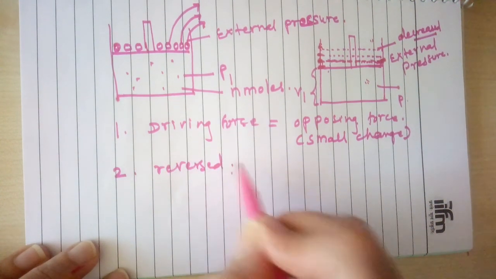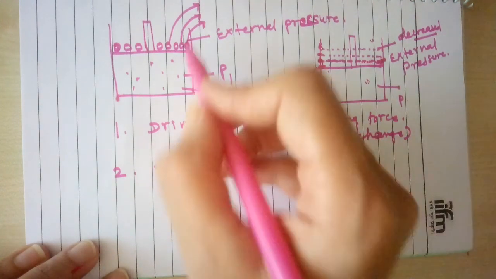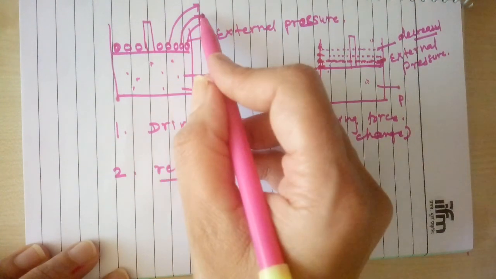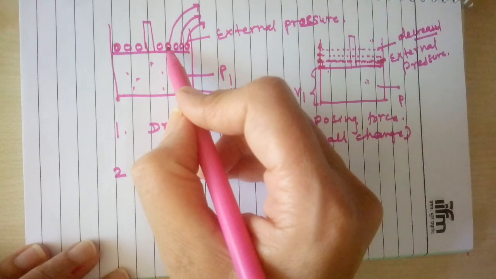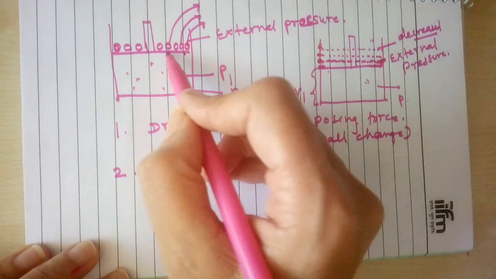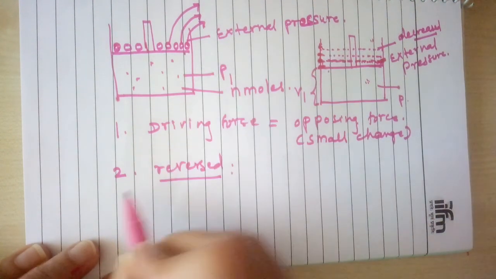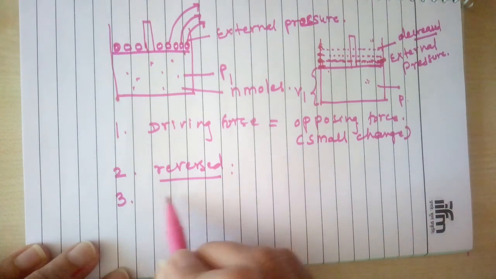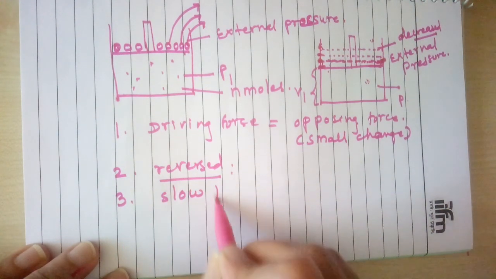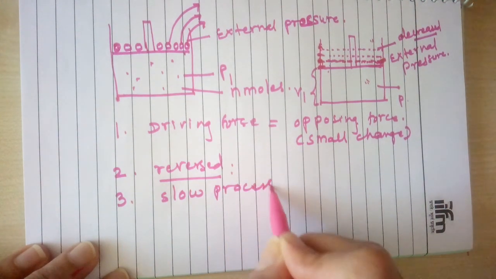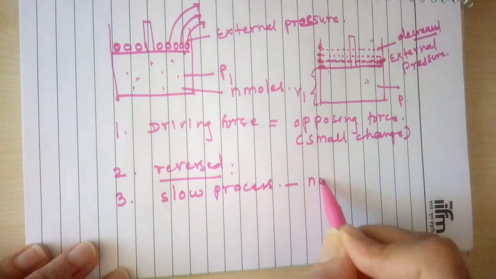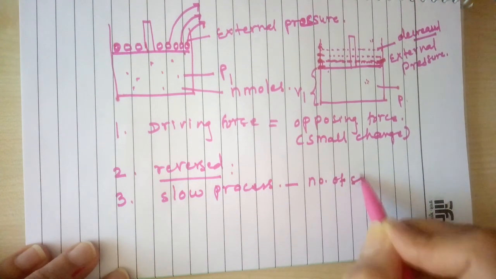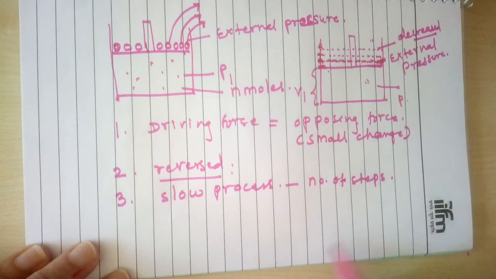You can reverse the process at any stage, meaning you remove the weight from here, and again you can put the weight back on this piston. In this way the process can be reversed. Thirdly, it is a very slow process and occurs in a number of steps.